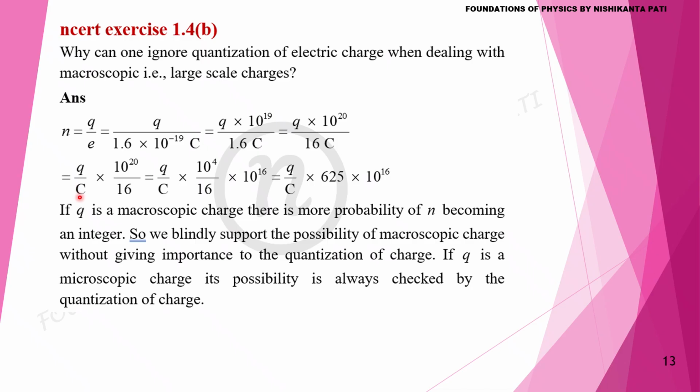This is Q by coulomb × 10^20 by 16. Q by coulomb × 10^4 by 16 × 10^16. This 10^4 by 16 is 625. This is an integer. 625 is an integer. Q by C may not be an integer.